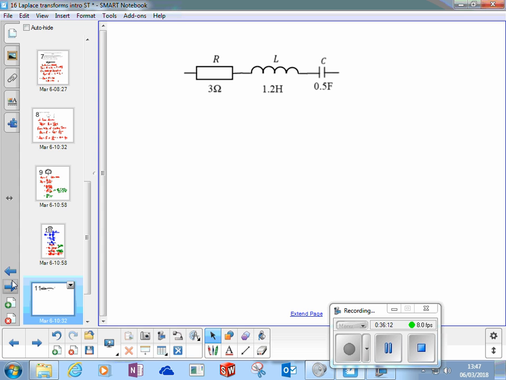So, write yourselves an expression for the total impedance of that RLC circuit in the S domain. No simplification at this stage.